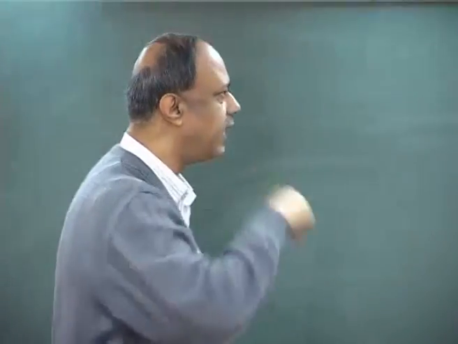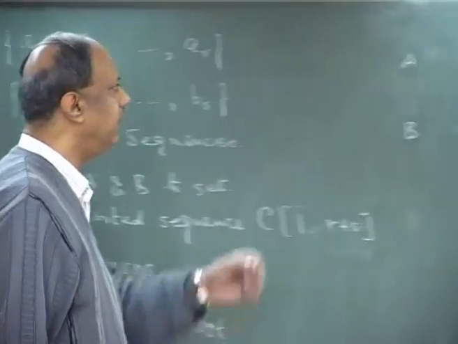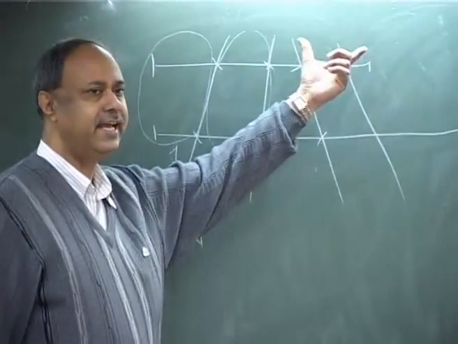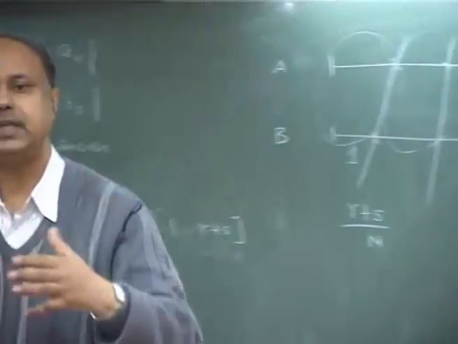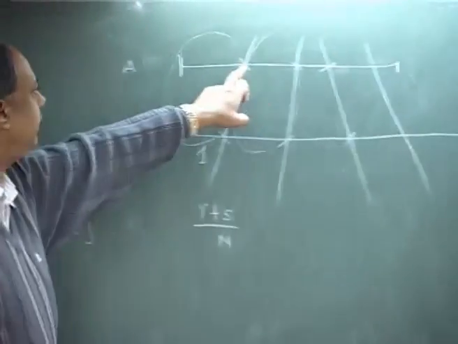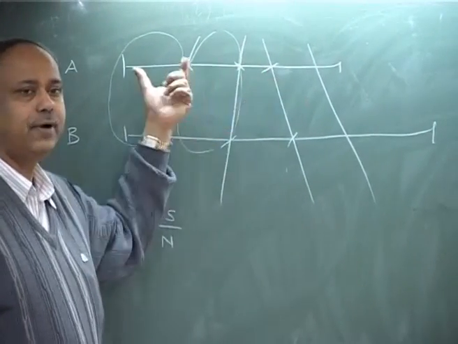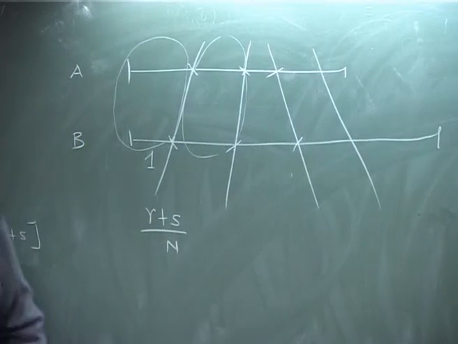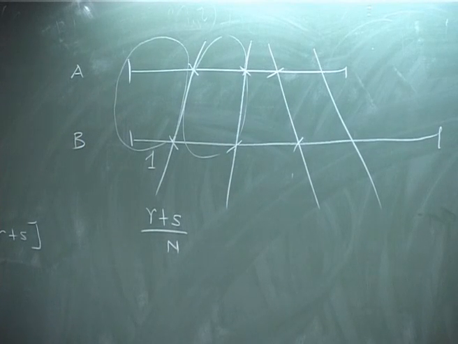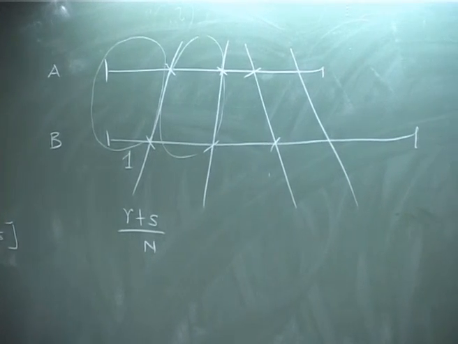Because the sequence A contains R elements, instead of handling all R elements, you need to find these points. So you divide A into n groups, B into n groups, and so on.